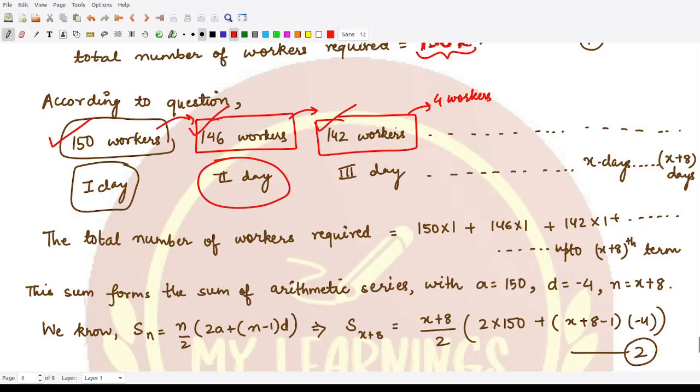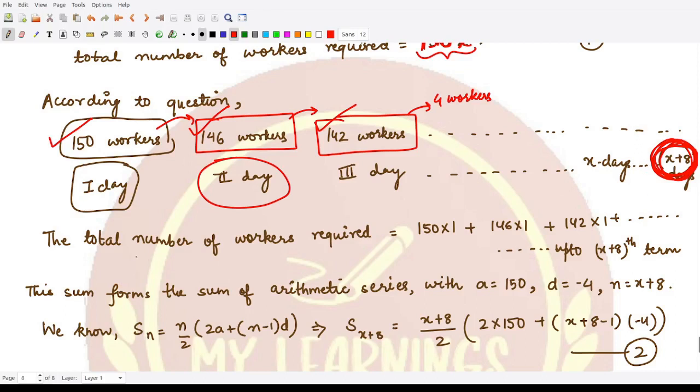So how many total days are required in order for our work to be completed? Initially, if 150 were working each day, it would be x days only. However, now because the workers are leaving, our work would be extended by a few more days, and those few more days are 8. So in total we have to look for x plus 8 number of days in order to complete the work.